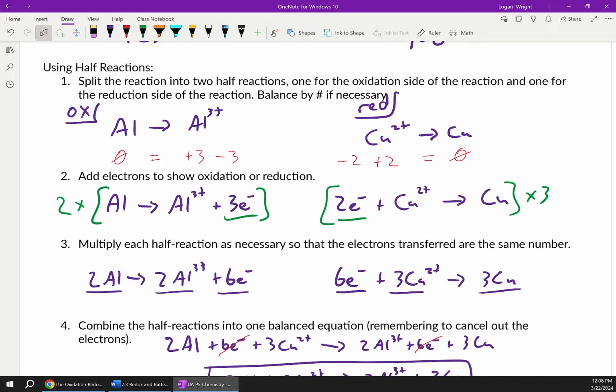So aluminum is oxidizing because its oxidation state is going up. But how do I get a positive charge? Something becomes positive by losing its electrons, right? So if I'm talking about oxidation numbers, oxidation goes up, therefore it oxidized. If I'm talking about electrons, that aluminum lost electrons. Oxidation is loss of electrons. And so if you're talking about electrons, the vocab sort of swaps, but it's still the same scenario, you just describe it differently.